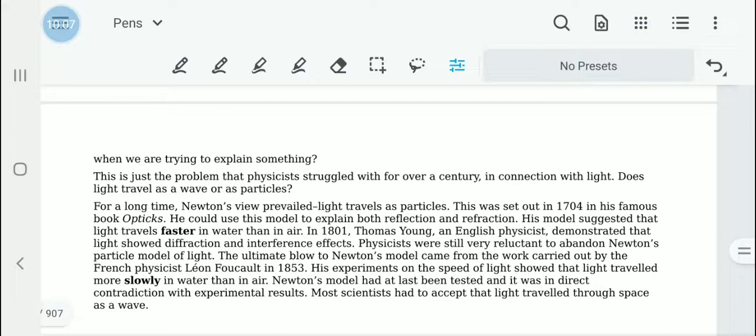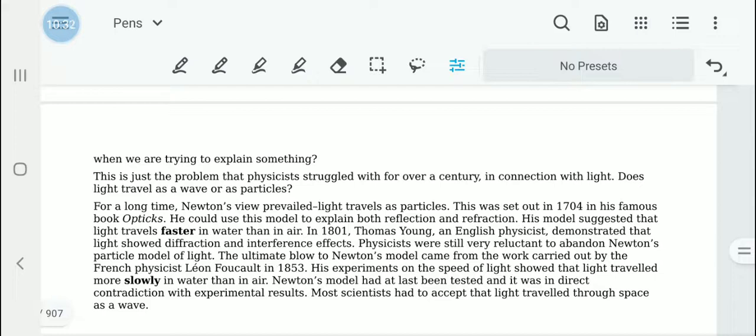In 1704, he wrote a book called Optics. In this book he explained reflection and refraction. He suggested that light would travel faster in water than in air.